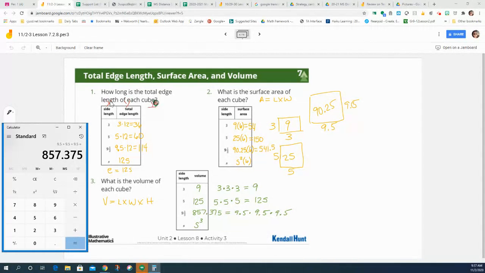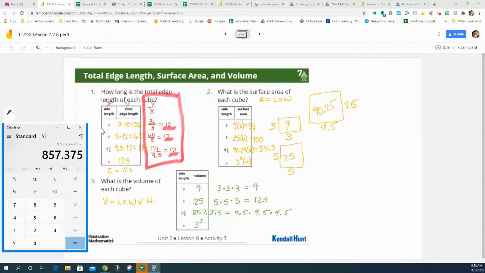So y divided by x. 36 divided by 3 is 12. 60 divided by 5 is 12. 114 divided by 9.5 is 12. So number 1 is proportional because these all equal the same amount.